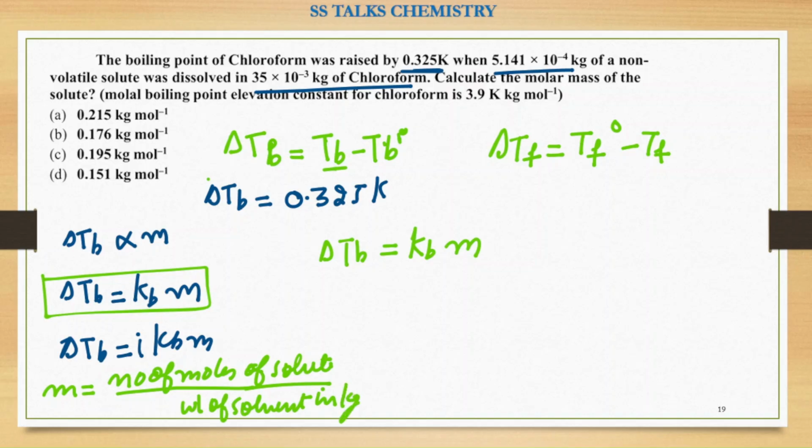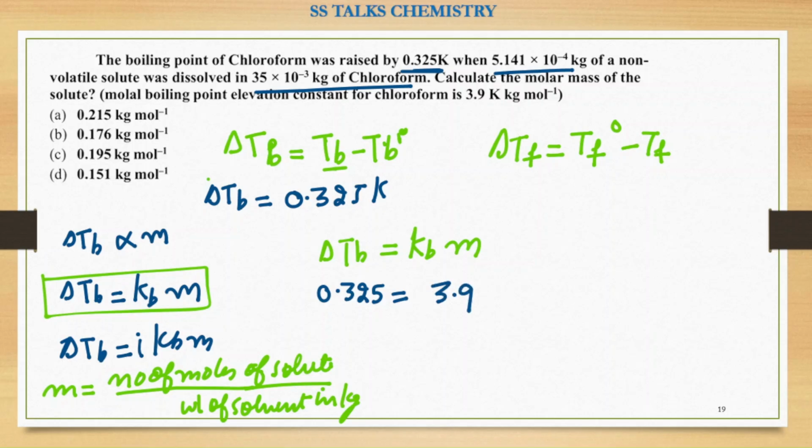In case of molarity or normality, volume of the solution is used. For molality, it is the weight of the solvent in kgs. So just this thing we have to use. Delta TB value is given to us, which is 0.325. Kb value is given to us as 3.9.